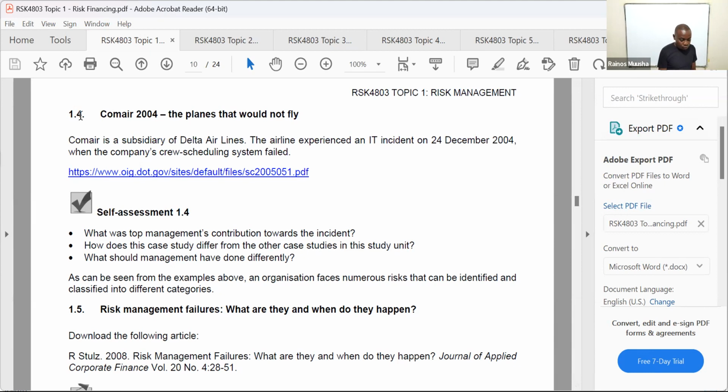Then there's also unit 1.4, which looks at ComAir, which is an airline. One of the issues that they had, where the risk management failed, is where they failed to anticipate the failure of their system, and they didn't put in place measures for how they were going to mitigate the failures that come about from negative externalities.